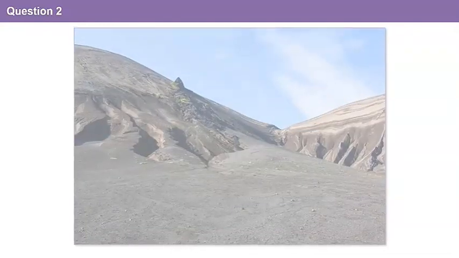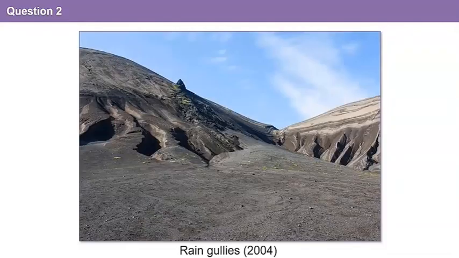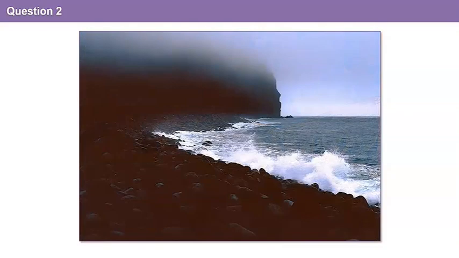Now observe this picture of rain gullies on Surtsey in 2004. What do you notice about this picture? Finally, observe this picture of waves crashing on the spit in 2003. What do you notice about this picture?